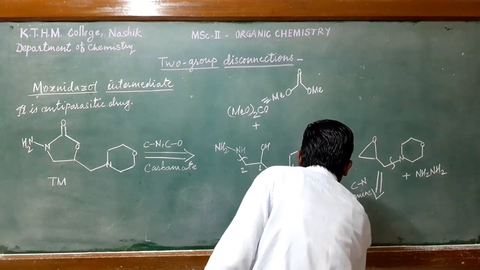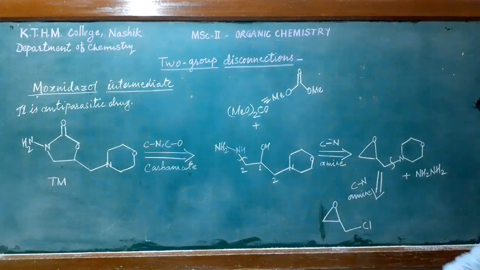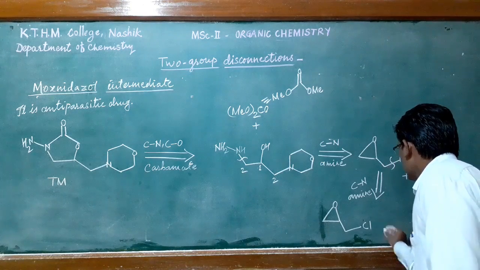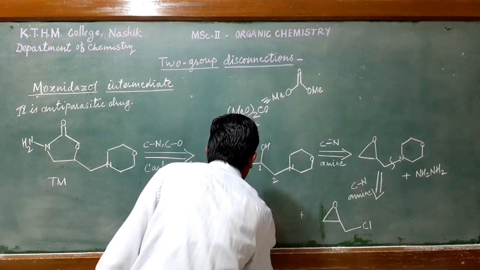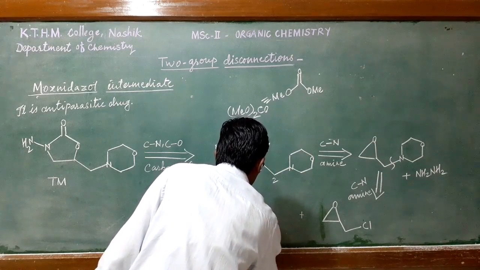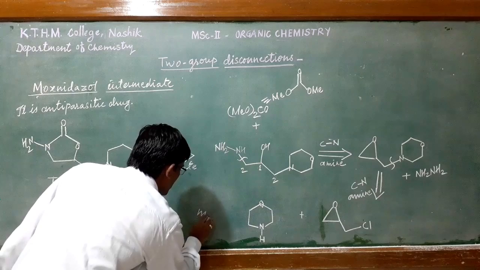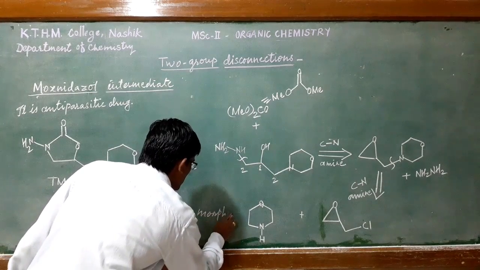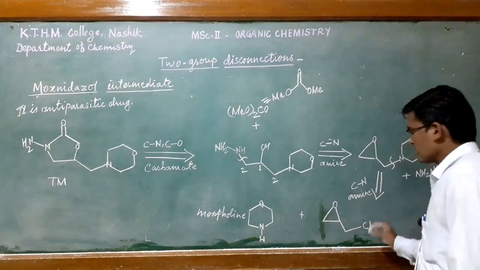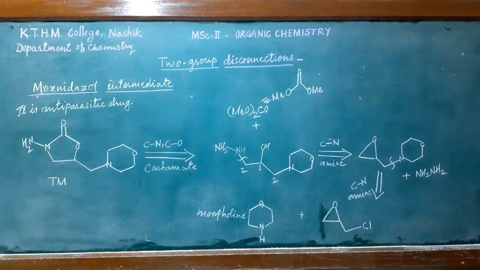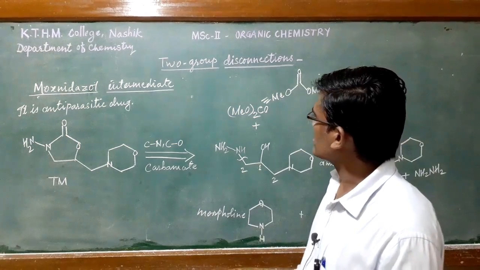So we could get this epichlorohydrin, okay, and this is morpholine, and this is epichlorohydrin. So this is how we can do the retrosynthetic analysis for this particular intermediate.